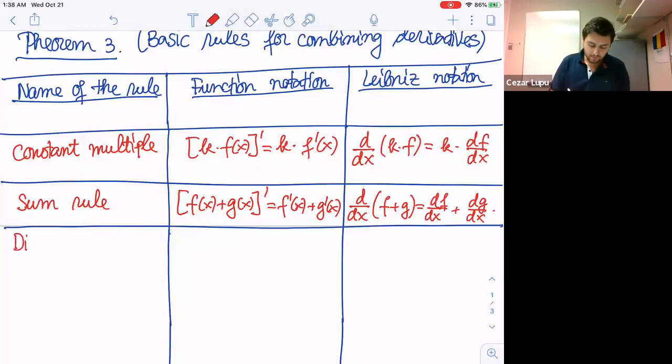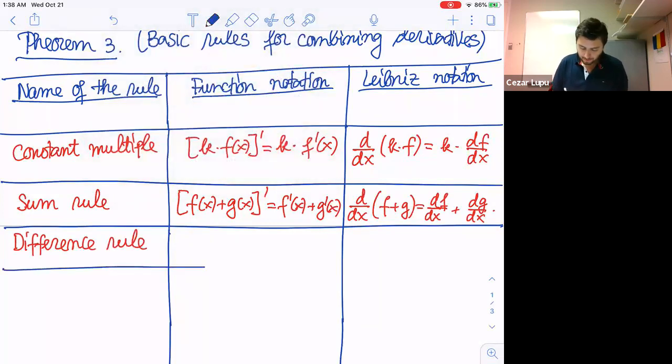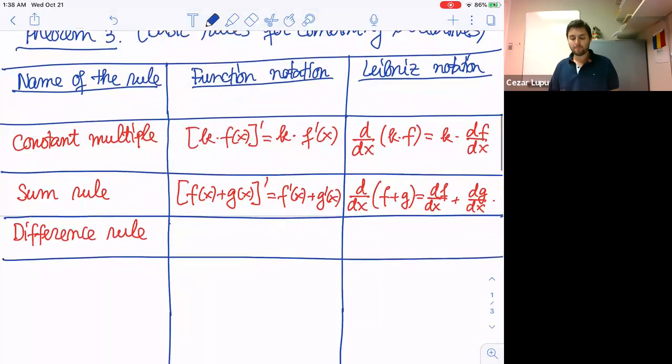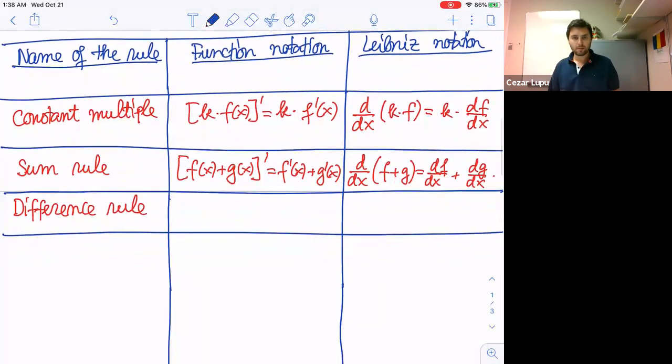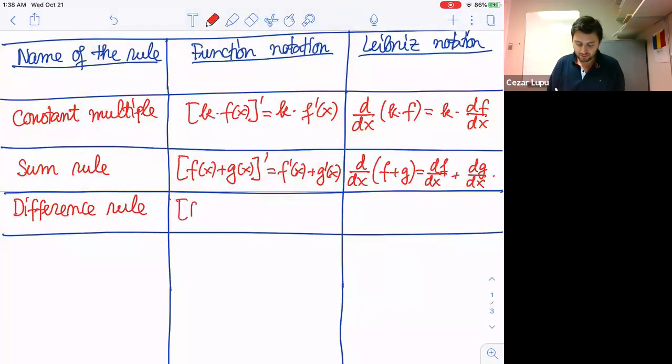Now, similarly, we have the difference rule. Let's write it here as well. You can look in the chart. As you can imagine, it's very similar to the sum rule. Well, the difference is actually a sum.